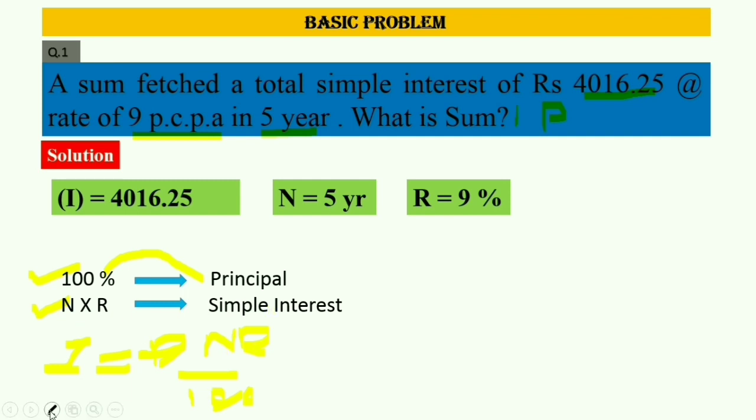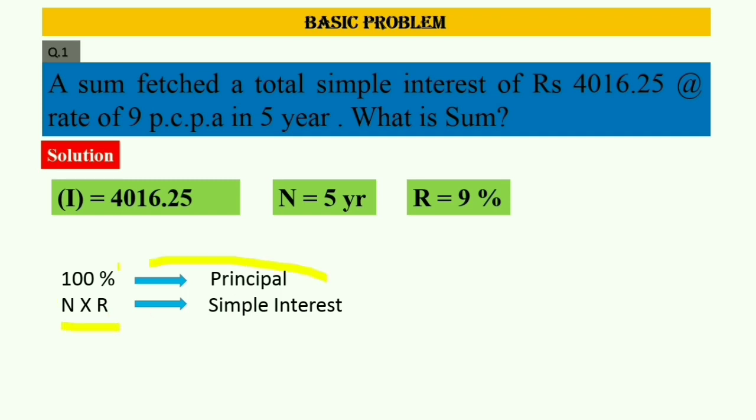Please do understand it. There is no need to do such a calculation. Only in the first stage I have done such a calculation to make you familiar with these terminologies. So we consider 100% as the principal and N into R as the simple interest. After that we simply put the values.